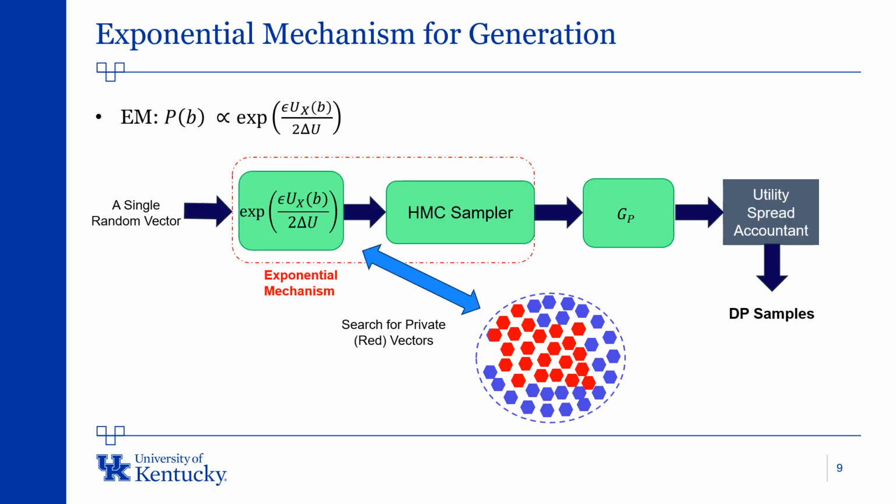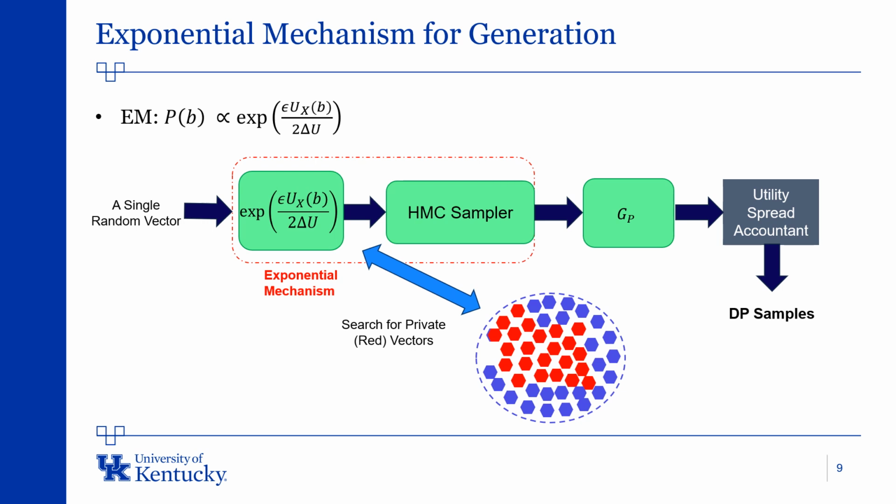This is our main framework, exponential mechanism for private data generation. We utilize the classifier Dx to serve as the utility function Ux. We feed a single random vector to the exponential mechanism, which then employs the Hamiltonian Monte Carlo or HMC sampling method to search for the private vectors in the latent space of the previously trained public generator.